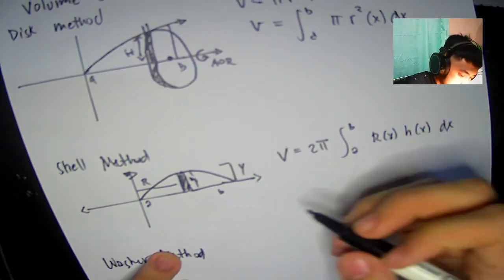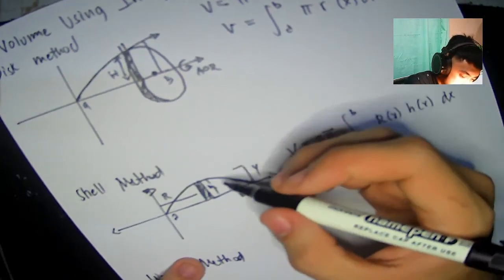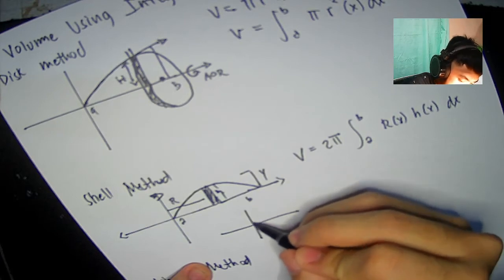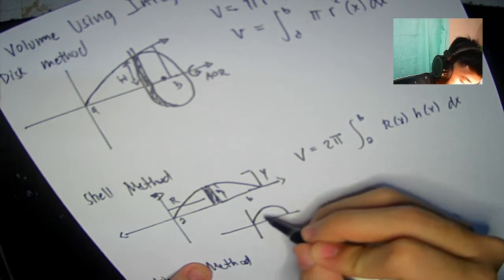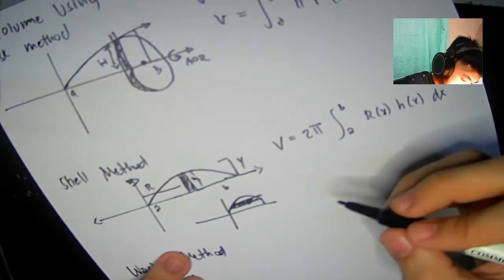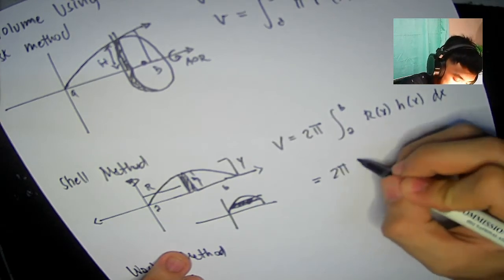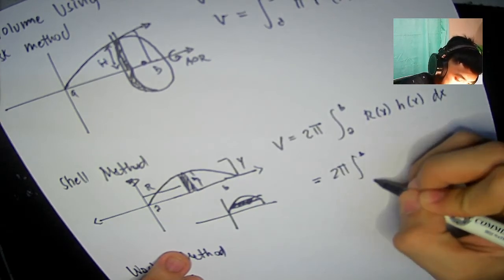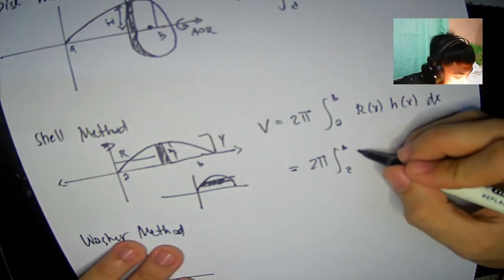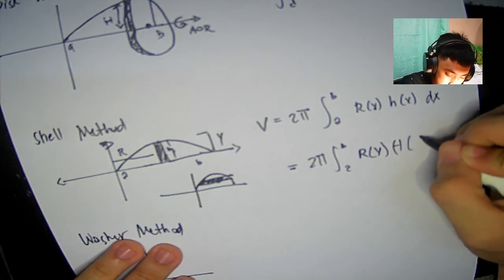And if you have another function here, and the shell goes like this, you'll find it here, your dx. You'll use 2 pi, your B and A, your upper and lower limits, r of y, h of y, dx.